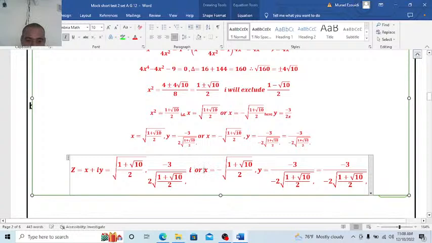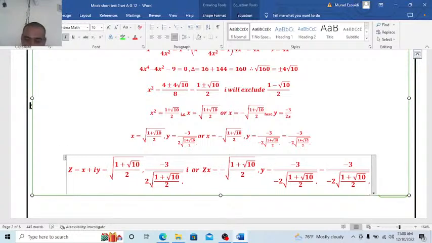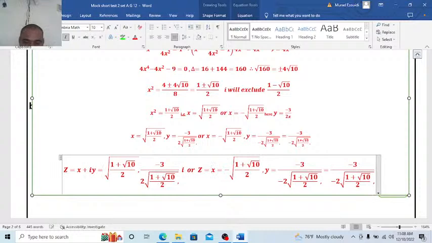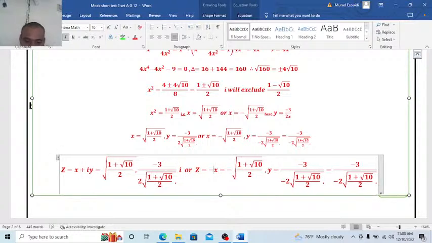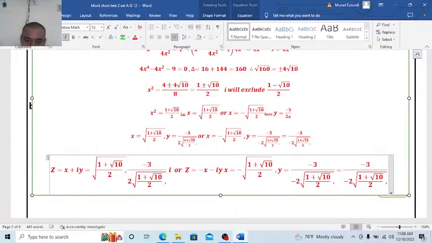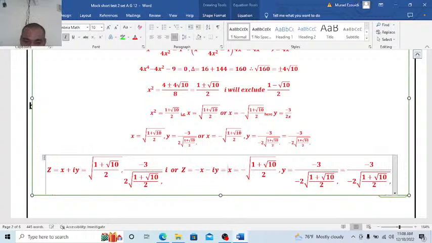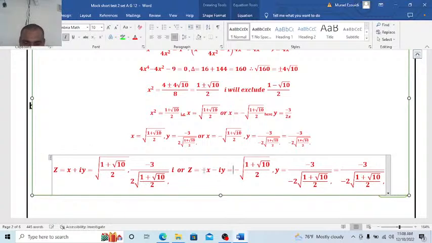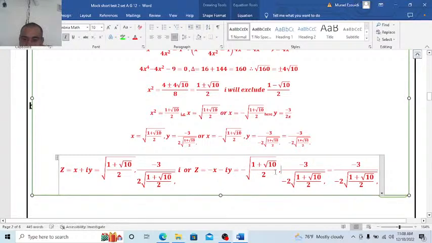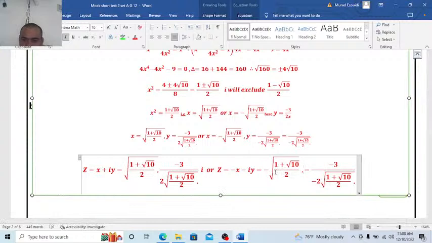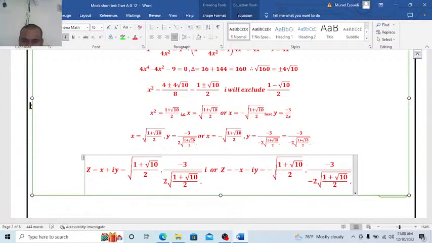The second one, or z is equal to minus x minus iy, which is equal, learners, minus x, minus minus is positive. So the x, the second x is what?